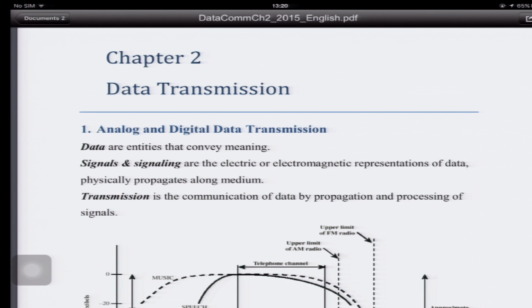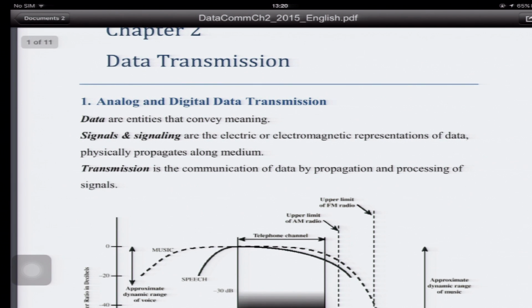What is a signal? Signals and signaling. The signals are the electric or electromagnetic representation of data, and the signal can propagate through the medium or along the medium. If you want to send it through the air, it has to have some property so that it can go through the air.